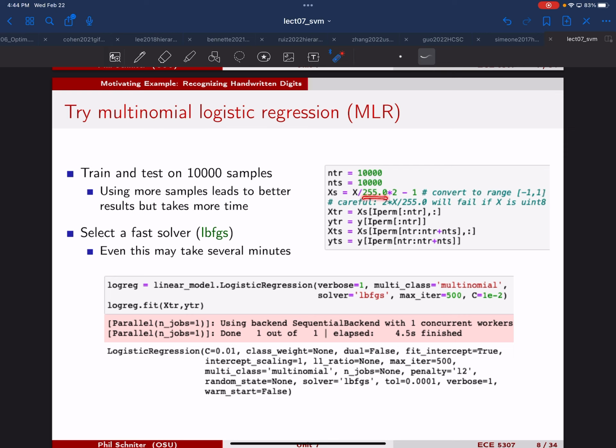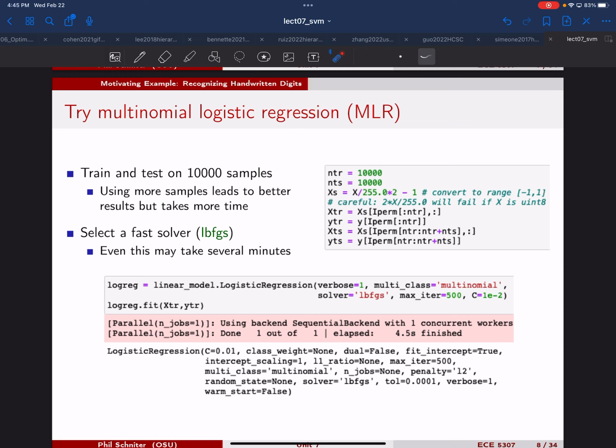That's going to scale them from 0 to 1. We're multiplying them by 2, so now they're scaled from 0 to 2, and subtracting 1, so now they're scaled from -1 to 1. And that -1 to 1 is going to work a lot better with various algorithms. Sometimes you get into weird effects if all your pixels are positive and you work with them.